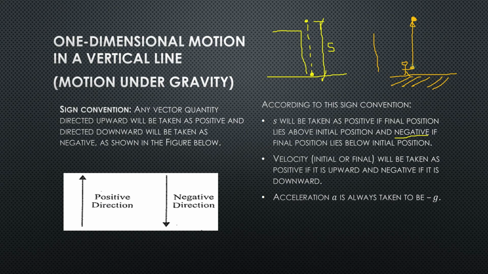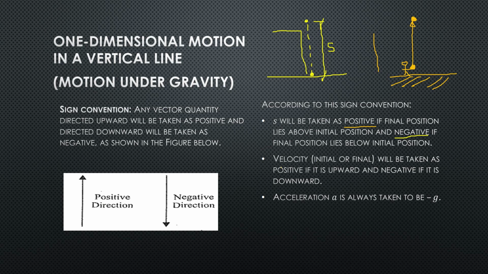The initial position is right on the ground, and the final position is above the initial position, so the displacement is taken as positive. Negative if the final position lies below the initial position.